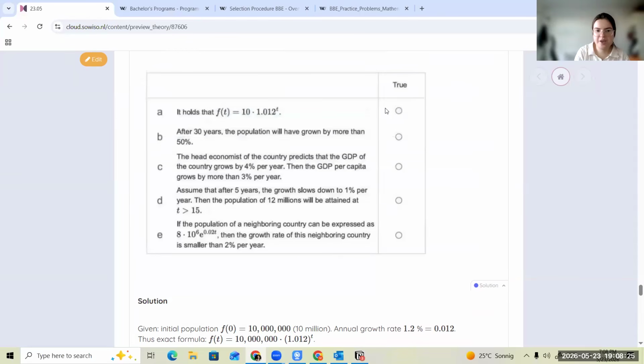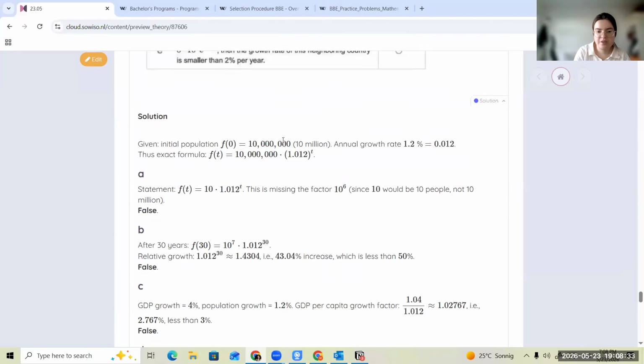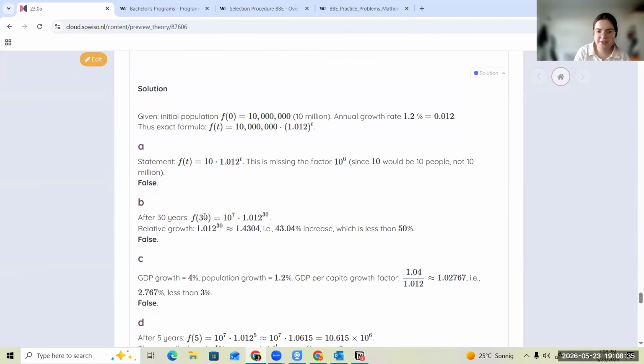Then, after 30 years, the population will have grown by more than 50%. So here we have 30 years have passed. Here we have our 10 to the power of 7. This is our 10 million. We have 7 zeros here. And then this is just the growth rate. We actually didn't really care about this one.